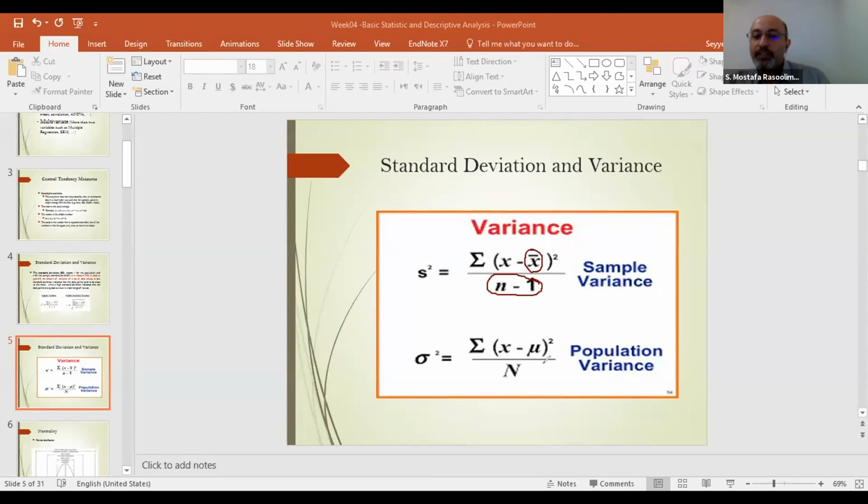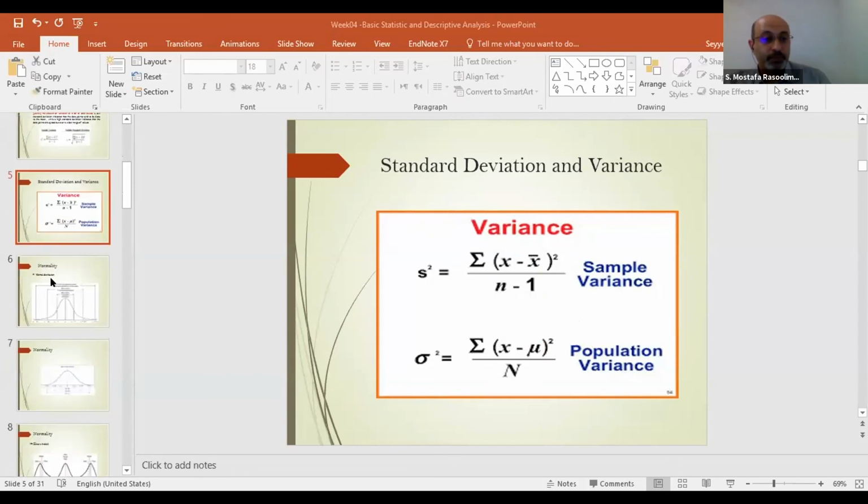But if we calculate variance of a population, mu here is the mean value of the population, not the sample, and we need to use n, the number of population members. So this is the formula for calculating variance of sample and population. Okay, any questions for this one?